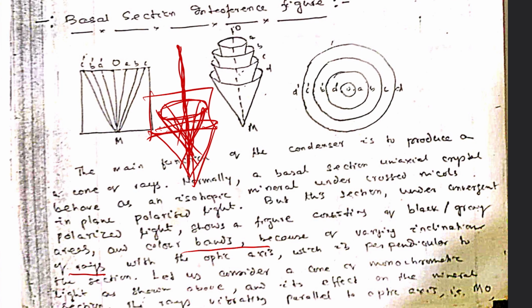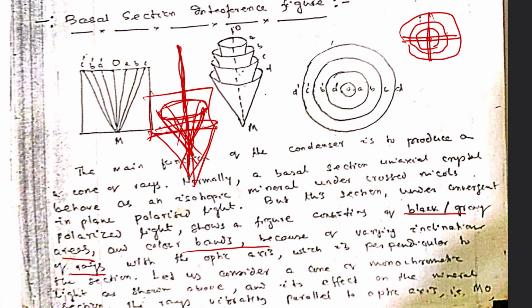The color bands, so the black dark area is produced in this condition. A cross is produced and these are the colorings. So this is the figure. The light rays which emerge near the center are nearly parallel to the optic axis.